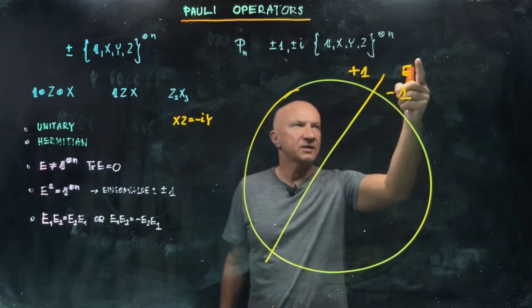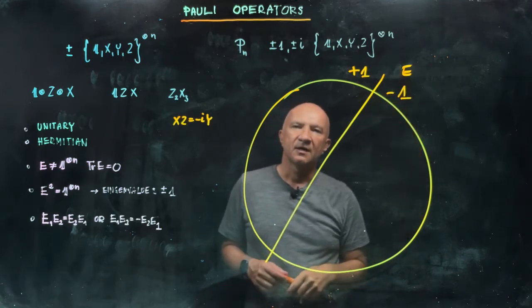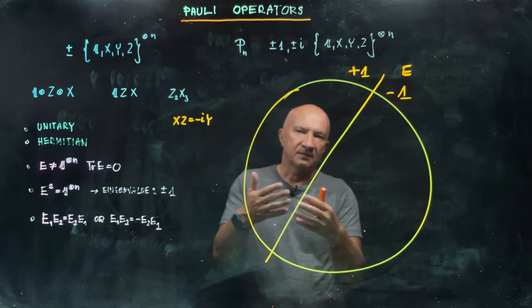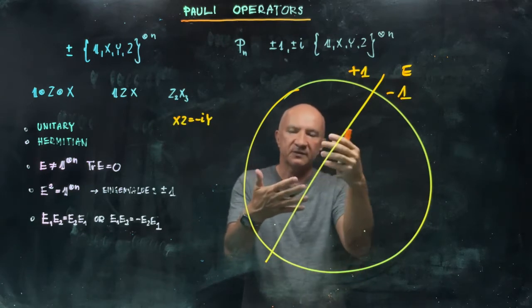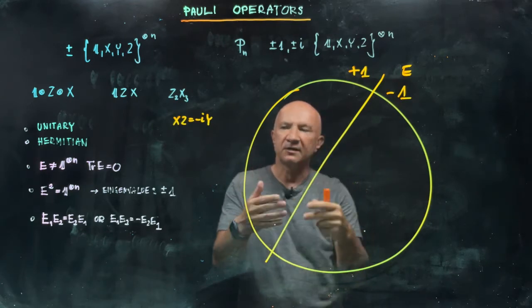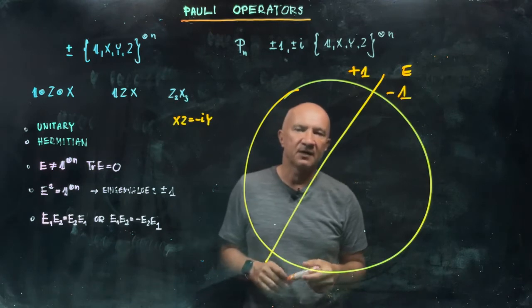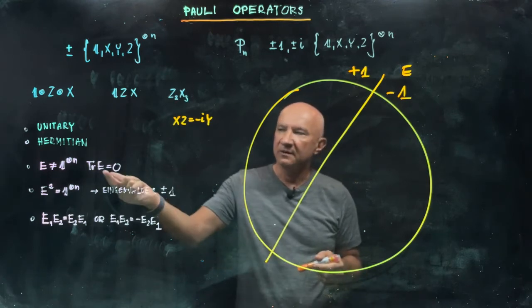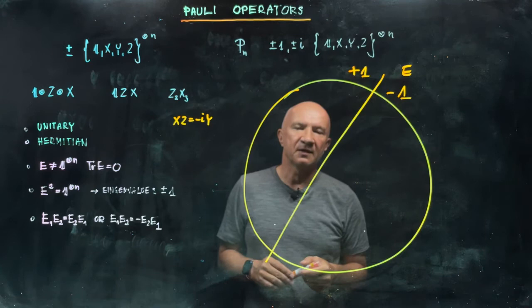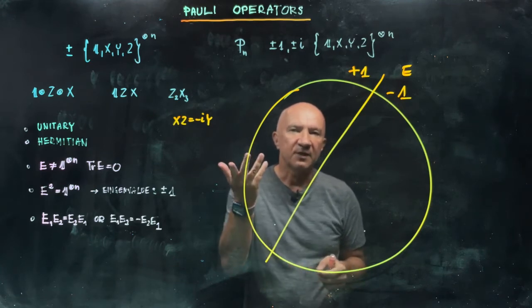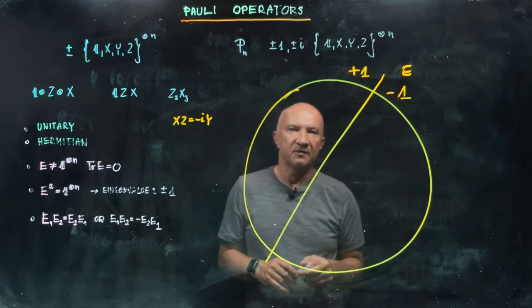Why is that so? Well, go to the basis in which E is diagonal. If you look at the matrix of E, you'll see plus or minus 1, the eigenvalues, on the diagonal. But because the trace is equal to 0, that means that the number of plus 1s and minus 1s is the same, right?